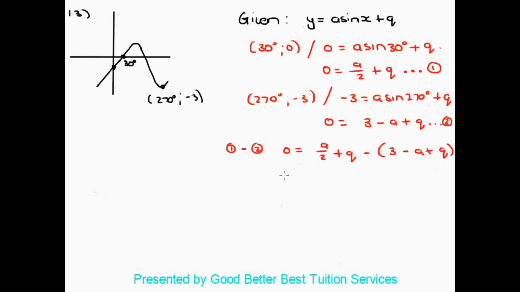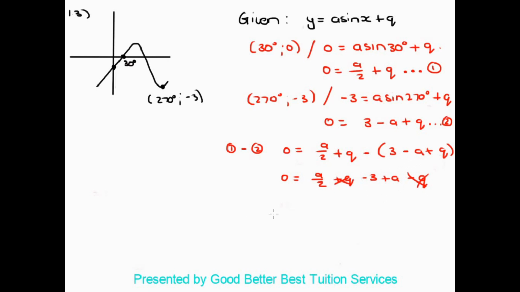Cool. So now once we simplify, we have a over 2 plus q, the negative going in gives me minus 3, then that's plus a, and this is minus q. Simplification will make it that minus q cancels with positive q.